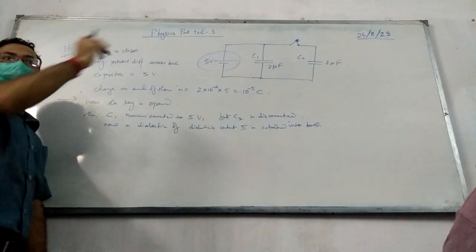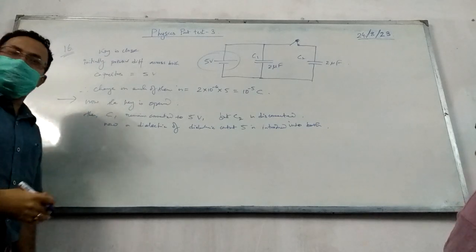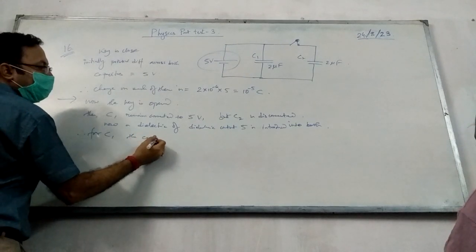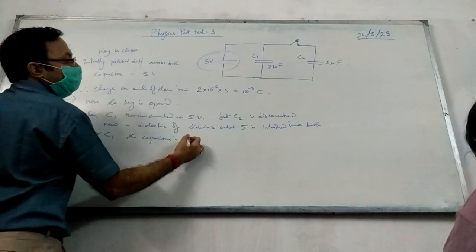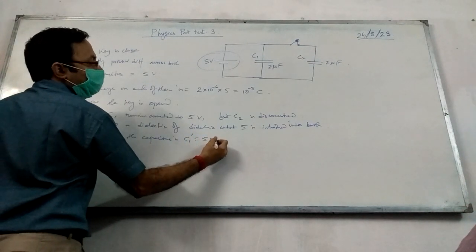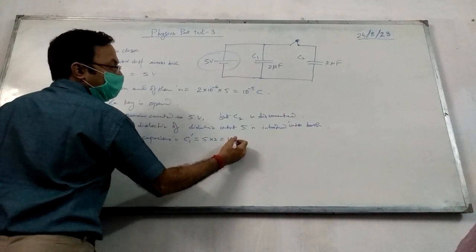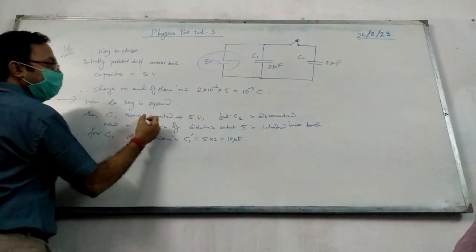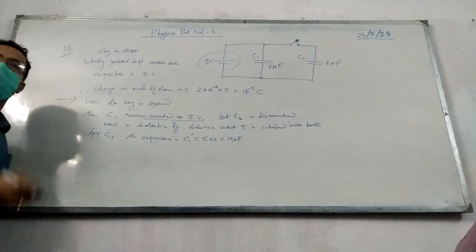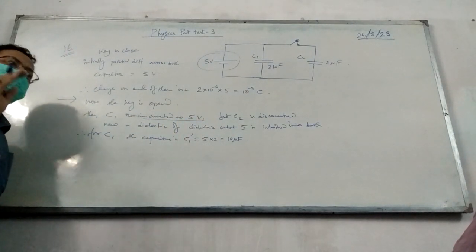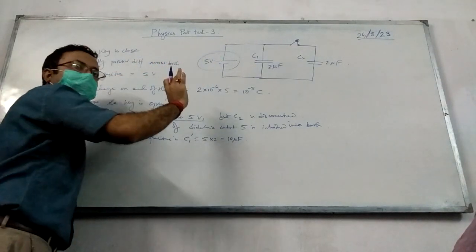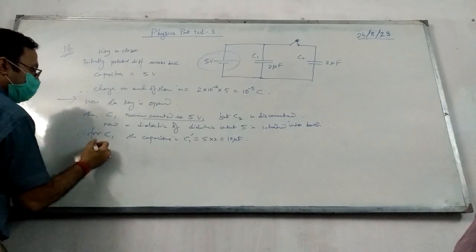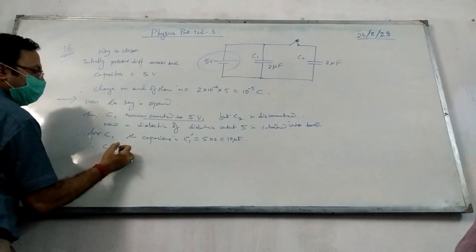So when you introduce a dielectric, what happens? The capacitance changes. Okay. So for C1, the capacitance is C1 dash equal to 5 into 2, that is 10 microfarad. Right? But C1 remains connected to 5 volt, so the potential difference across it will not change. It will remain the same because it is connected to the 5 volt battery. But the charge on it will change.